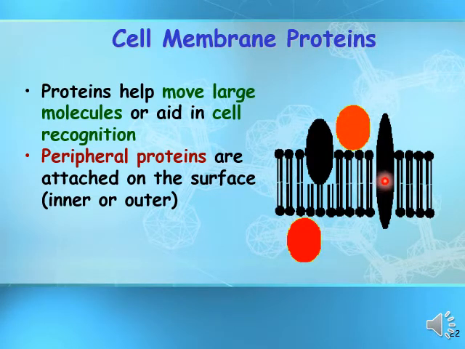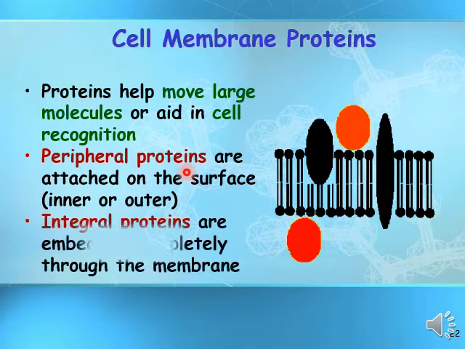And these proteins can be divided as peripheral protein and integral protein. Peripheral proteins are attached on the surface, and integral proteins are embedded completely through the membrane. Peripherals can be attached inner or outer in the cellular membrane.